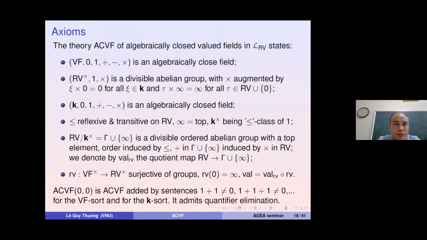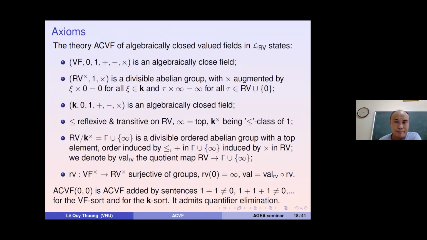And the binary symbol less or equal has the properties of reflexivity and transitivity on RV.